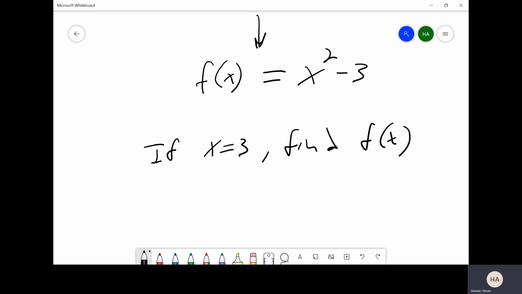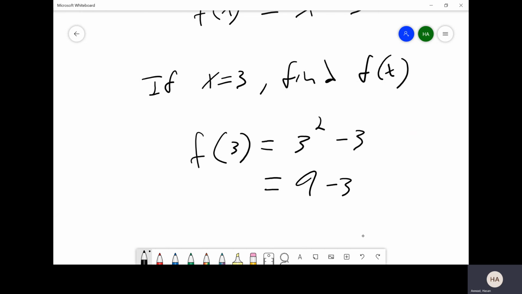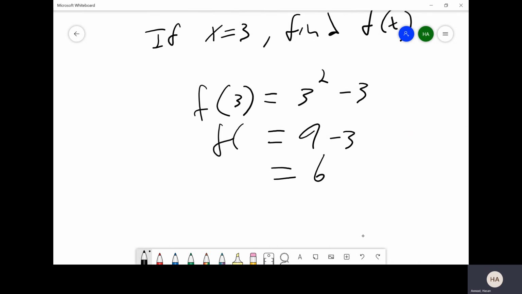So wherever there's an x, we plug 3 in, right? So we say that f at 3, because again, we're plugging in 3 for x. So our function f at 3 is equal to 3 squared minus 3. We know 3 squared is going to be 9, so 9 minus 3, and 9 minus 3 is 6. So we just say that f of 3 is equal to 6.